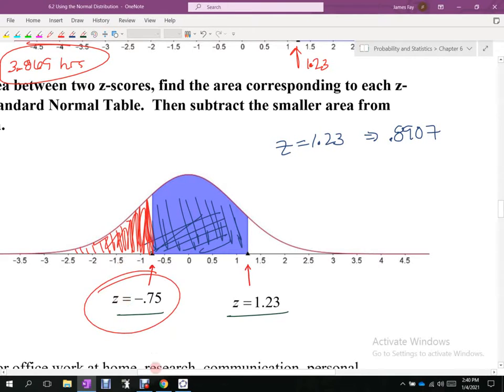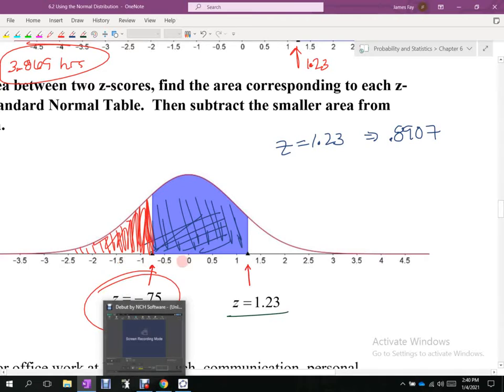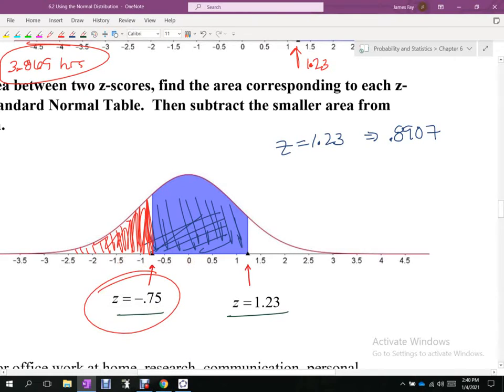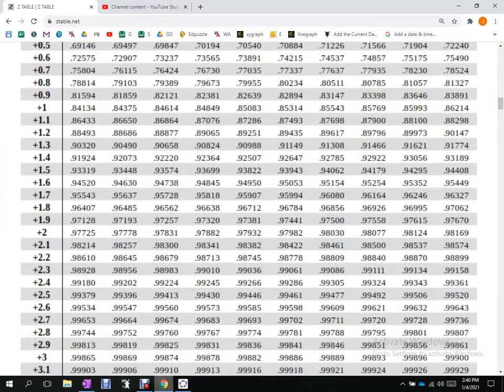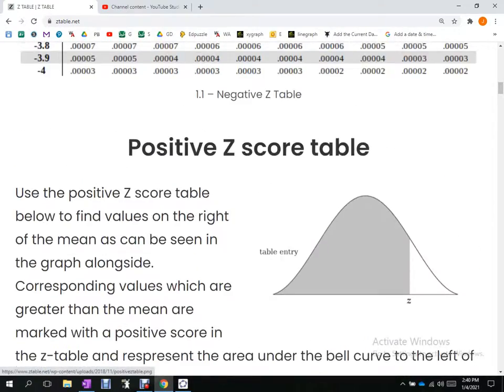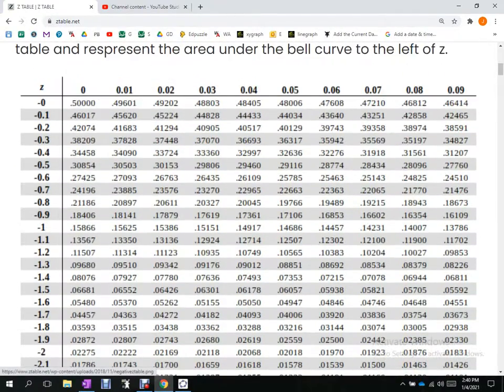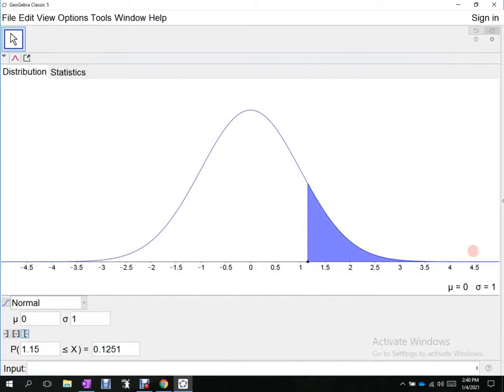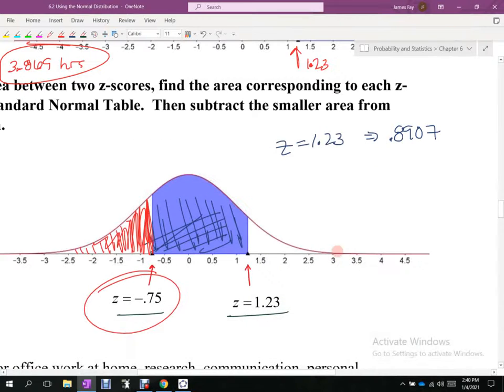I can go to my chart and find the area attached to negative 0.75, right? So let's go to that chart. Negative 0.7, and then 1, 2, 3, 4, 5. It's the sixth one because this first one starts with 0, so the sixth one. So 0.22663.